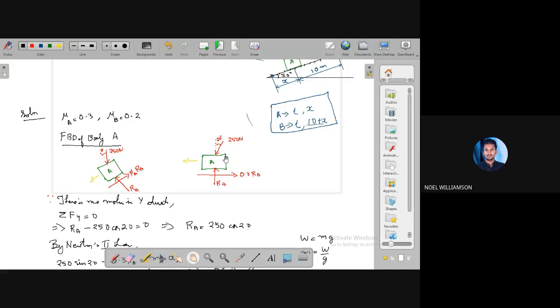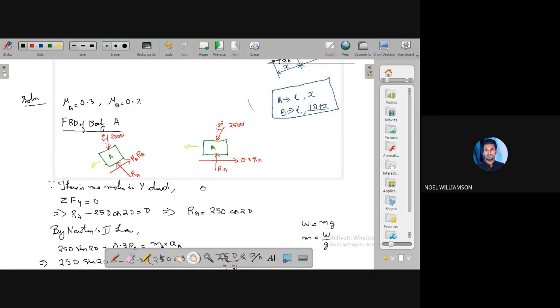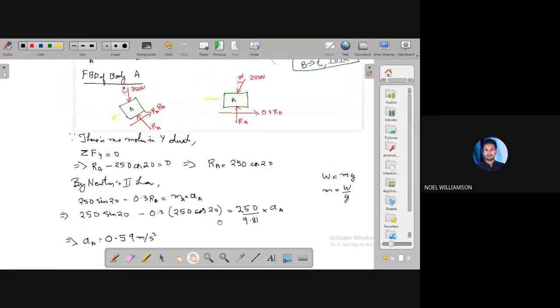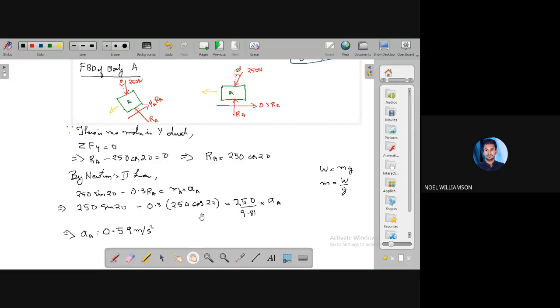The weight is 500 Newton instead of 250.